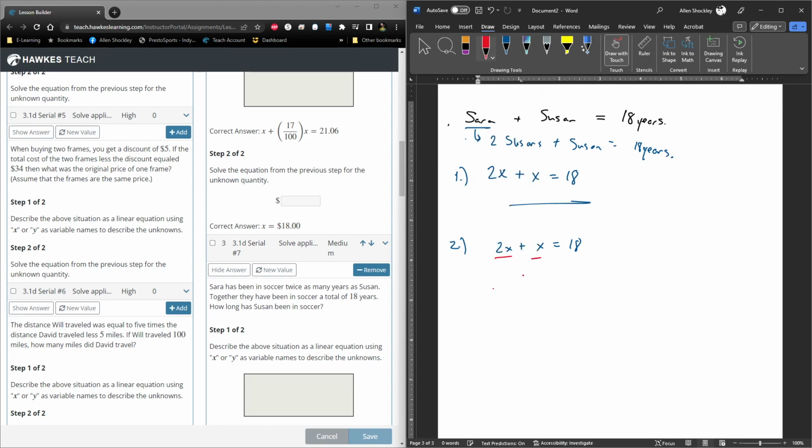So 2x plus x is 3x. Divided by 3, x will equal 6. And remember, this 6 refers to Susan. The question is asking, how long has Susan been in soccer? So we are good at 6.